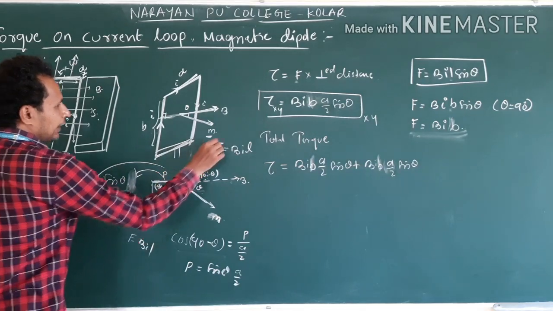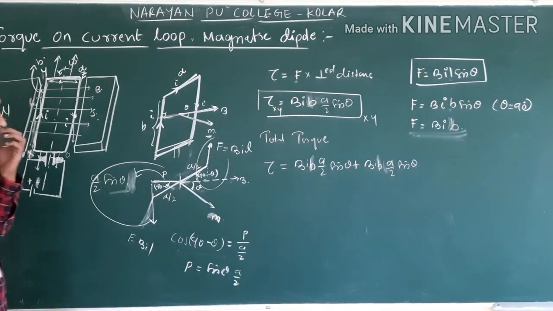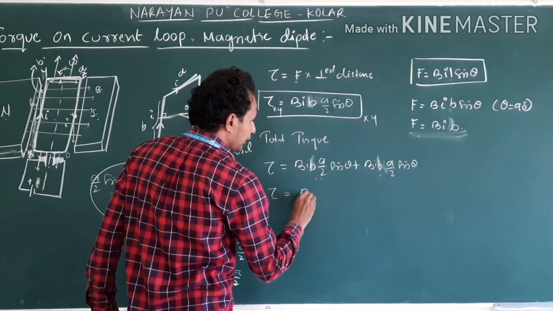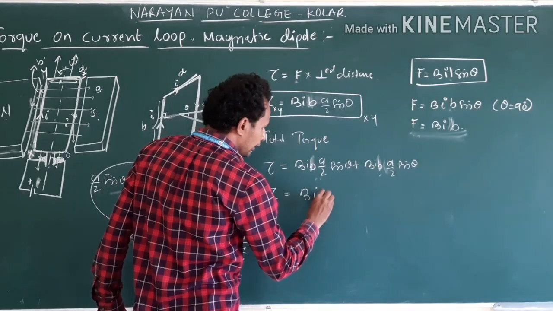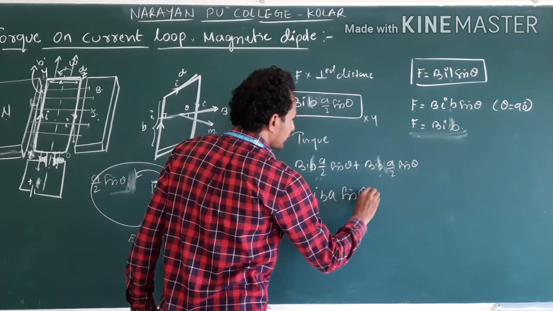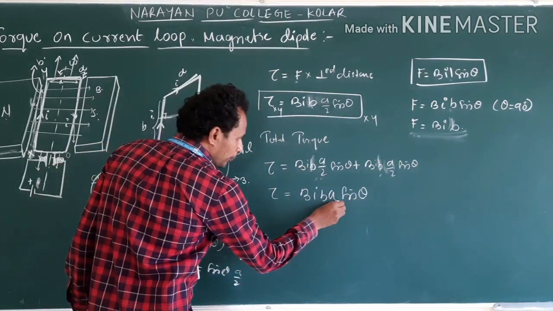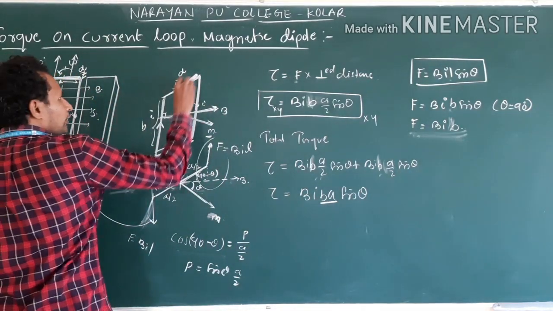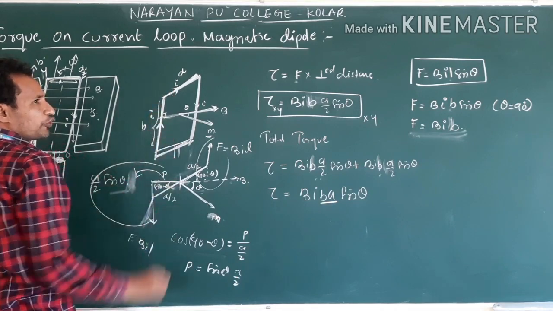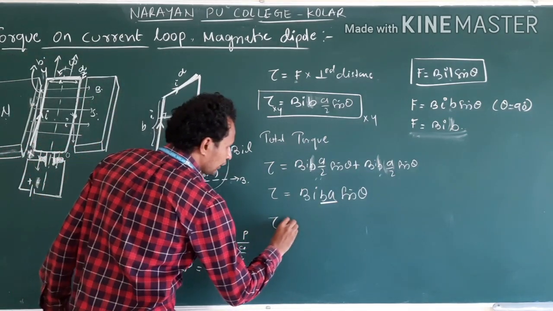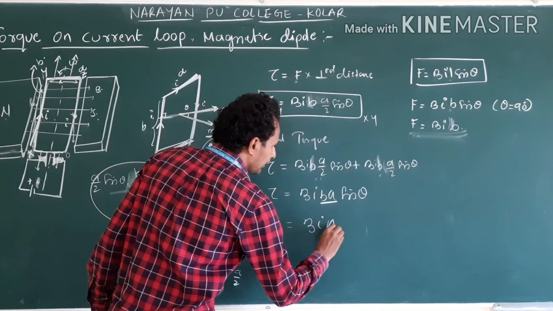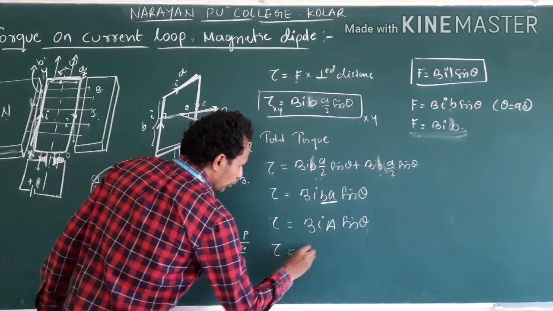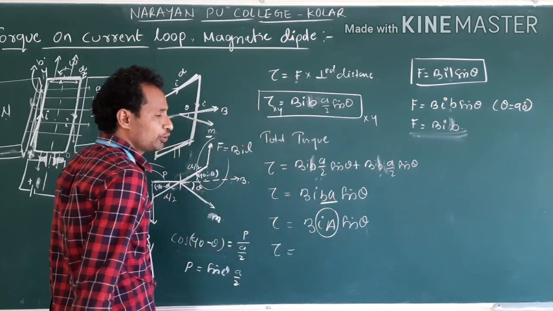This conductor's torque and this conductor's torque, then this will be half plus half is full. We can write it as B I B A sin theta. Clear? B into A means this side into this side. What do we get? Area. Then tau is equal to B I A sin theta.